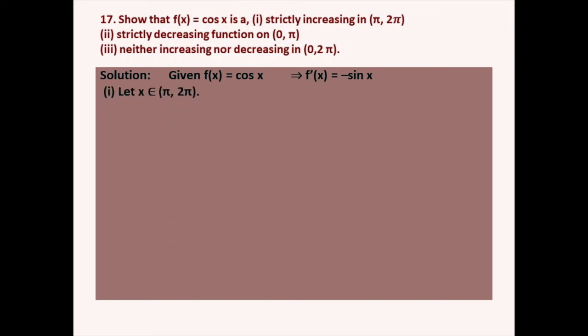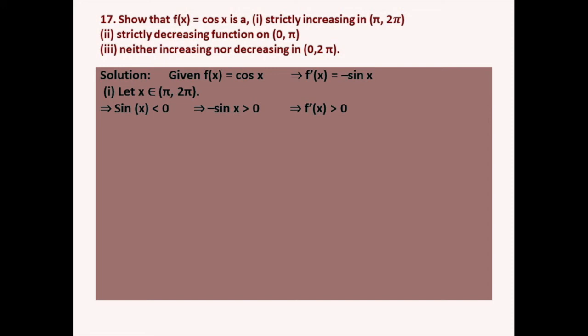So the function given to me is f(x), which is cos x, which implies f dash x is equal to minus sin x. This differentiation is going to be used in all the three parts there. Now let's see the first one. First interval says let x belong to pi to 2 pi.